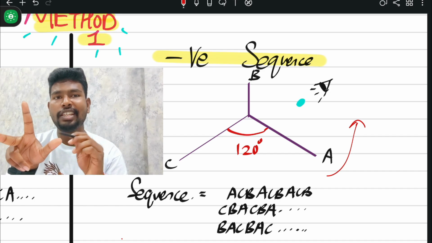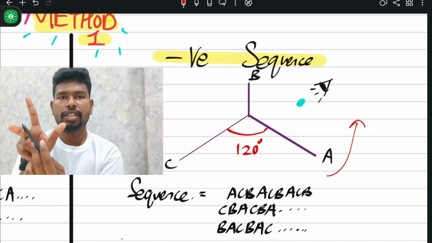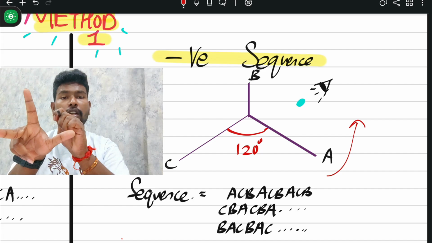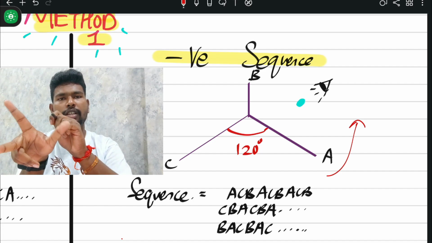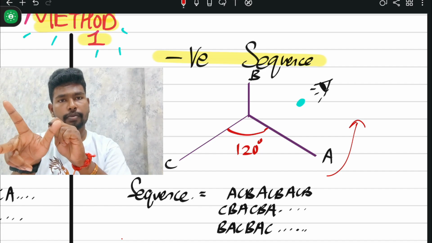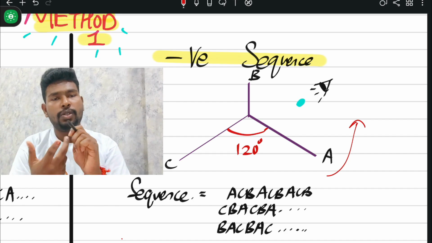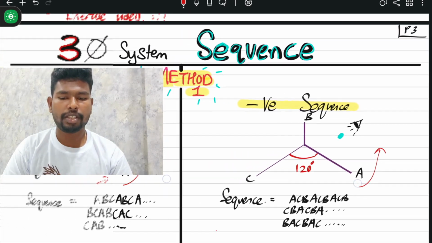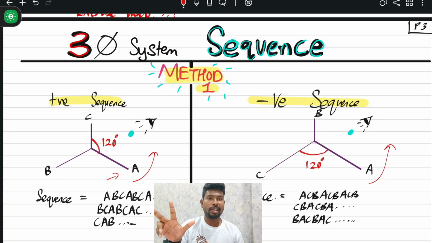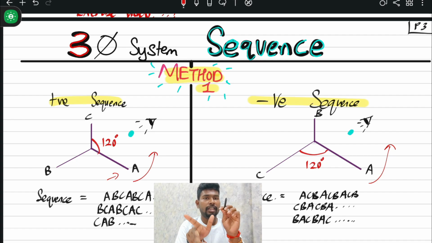With A, C, B and my point here, when I rotate anti-clockwise, my A would touch first, followed by my C, followed by my B. In the previous positive sequence, A touches first, followed by B, followed by C. On the negative sequence, it becomes A, C, B. That's the concept actually.